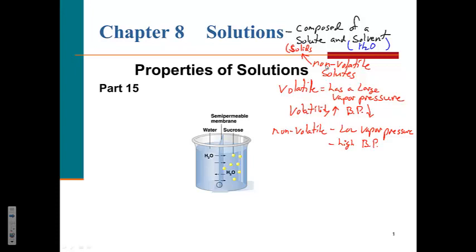We'd have to make a bigger deal of this if we were talking about both volatile and non-volatile solutes, but we're only going to be talking about solids. So things like sodium chloride or sugar or potassium nitrate, solids at room temperature. All right. So a solution is a homogeneous mixture composed of a solute, the thing that's dissolved, we're talking solids, and in this case water, the solvent.